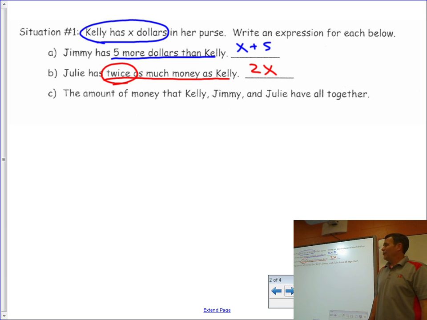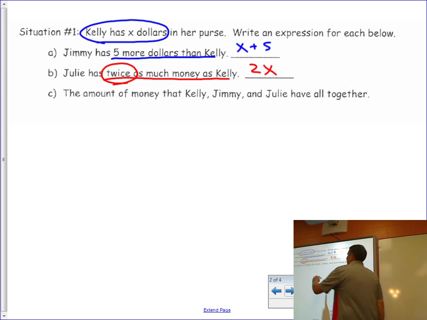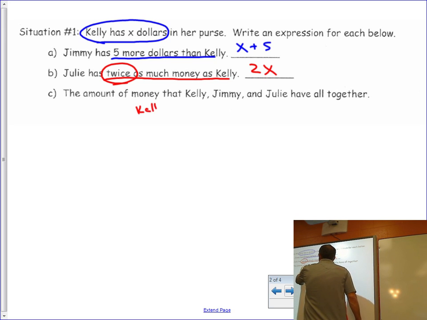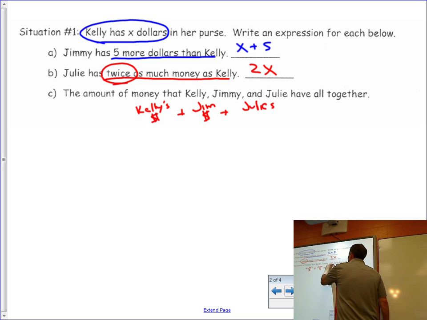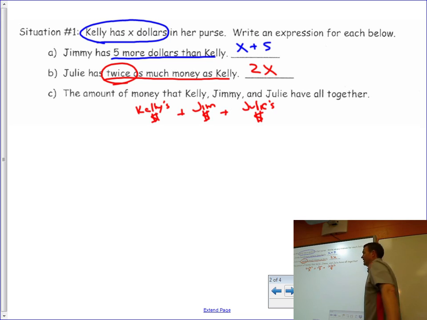And last up, we want an expression that represents the amount of money that Kelly, Jimmy, and Julie have all together. So what that is telling me is I want to add their amounts together. I want Kelly's money plus Jimmy's money plus Julie's money.